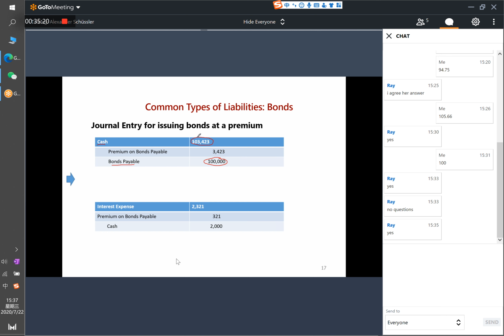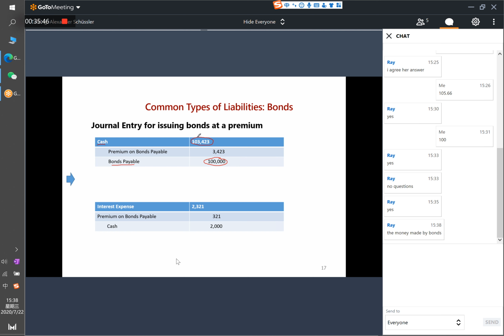They are paying a higher price for that bond because they like it so much, because the interest rate is so high. And therefore the bond is issued at a premium.